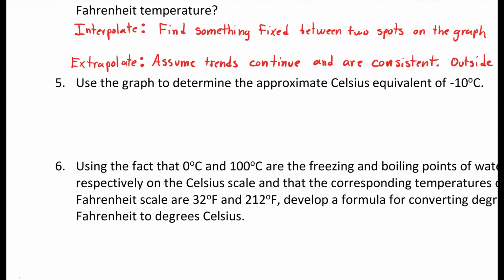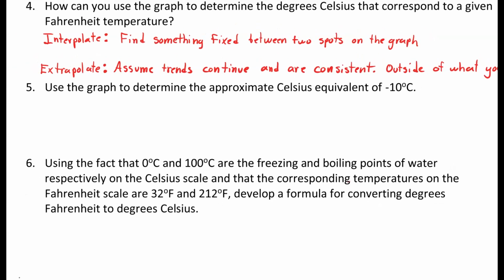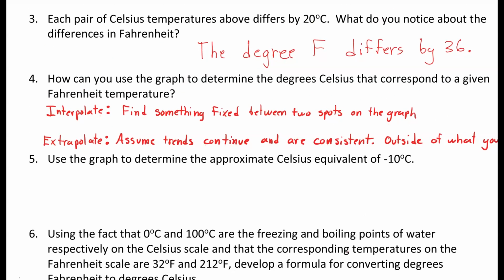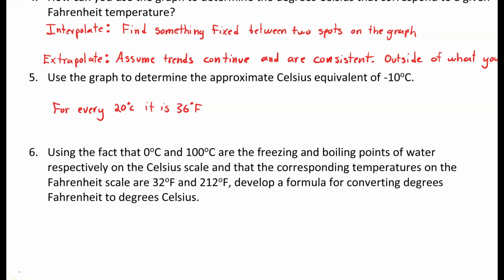But we can also take this a little bit further and do some math behind this to figure this out. So let's do the math because it's going to be more accurate here. If we know that for each 20 degrees Celsius, it's going to change 36 degrees Fahrenheit, which we found out in question 3, then in order to increase by increments of 10 degrees Celsius, which we're trying to look for eventually, -10 degrees Celsius, we want to figure out what the change is in Fahrenheit for every 10 degrees Celsius.